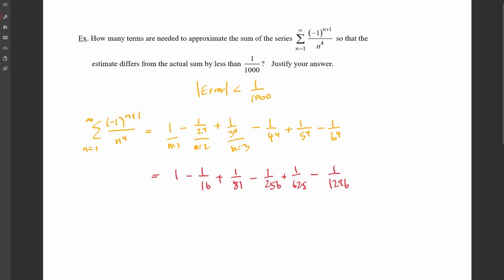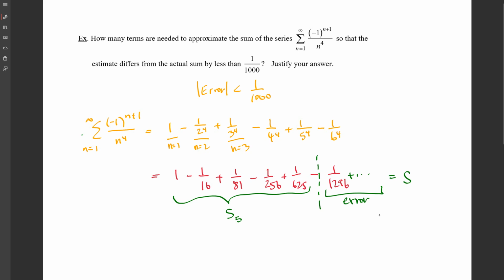So what I do is I truncate right here. I draw a line right here, and this is going to be my biggest error, my error bound, if I choose these numbers here as my estimate. So this will be S5, plus some error, will be equal to my real sum.